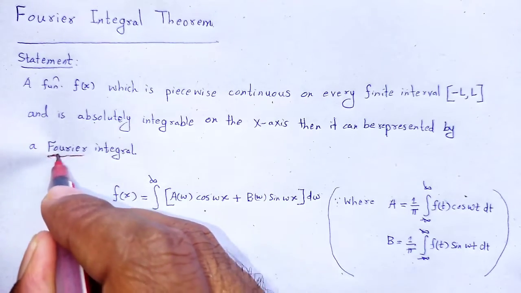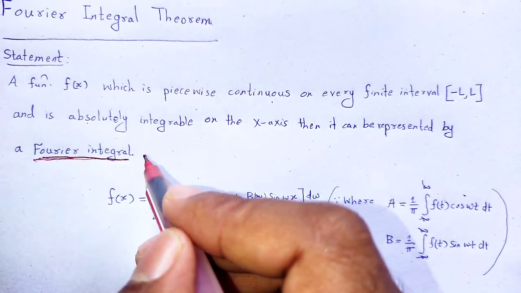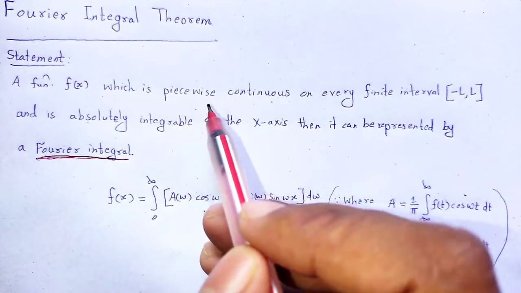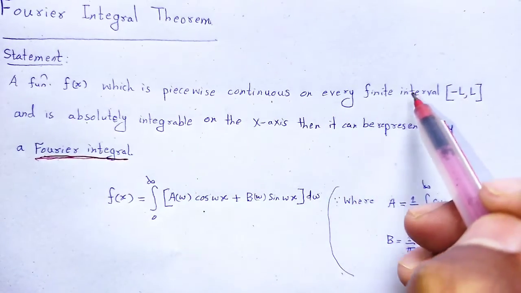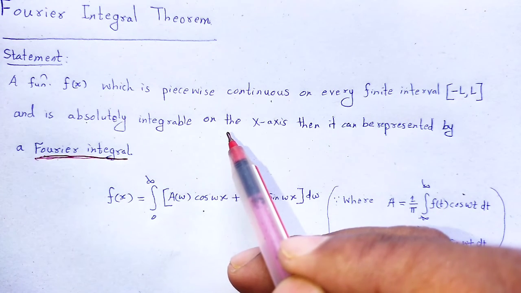The condition for a given function to be represented by Fourier integral: the given function is piecewise continuous on every finite interval and it is absolutely integrable on the x axis.